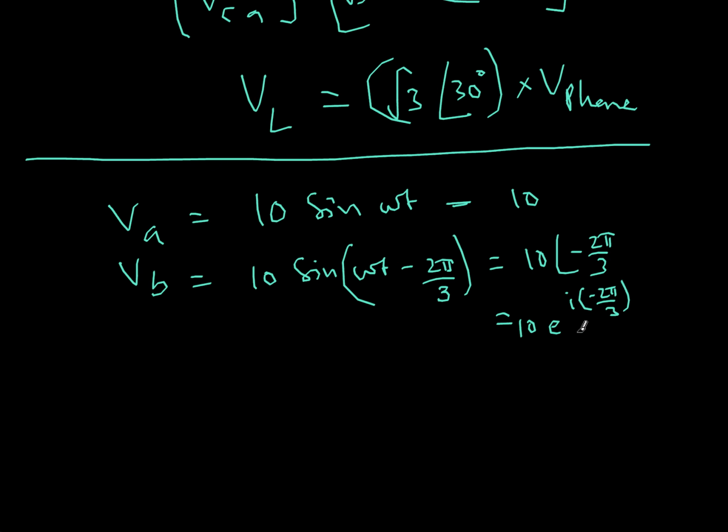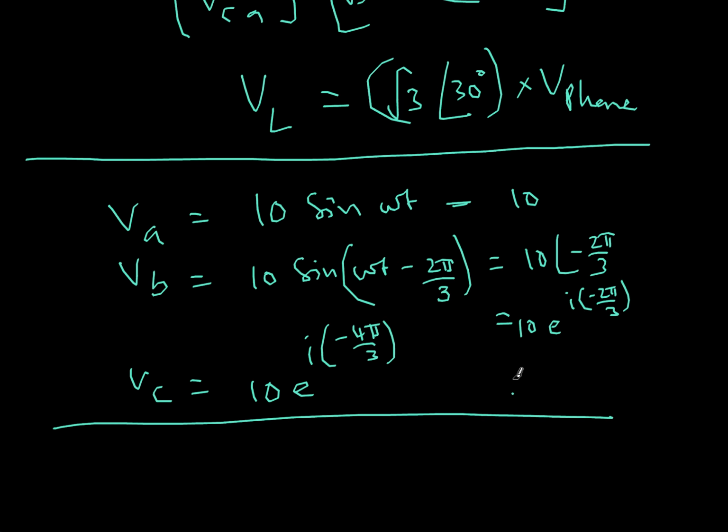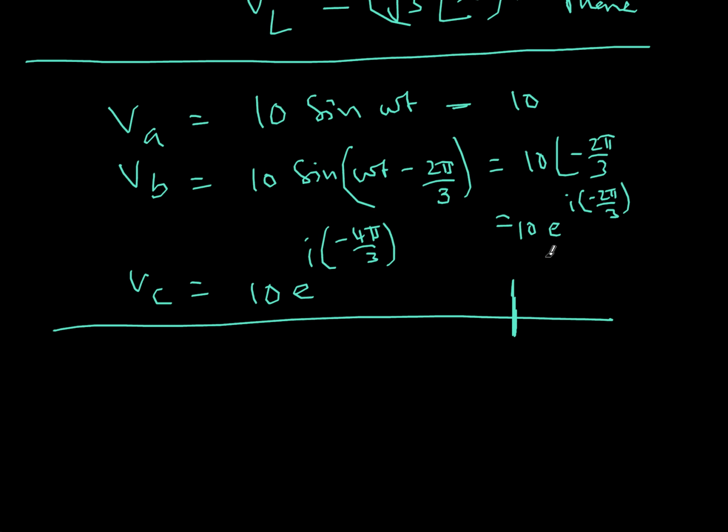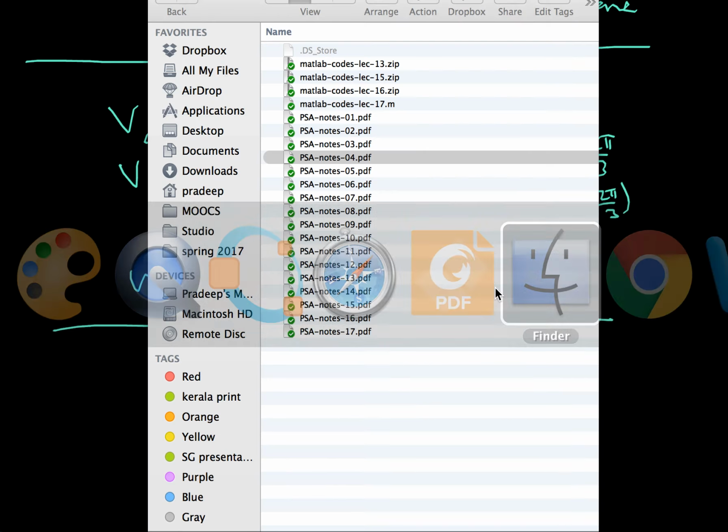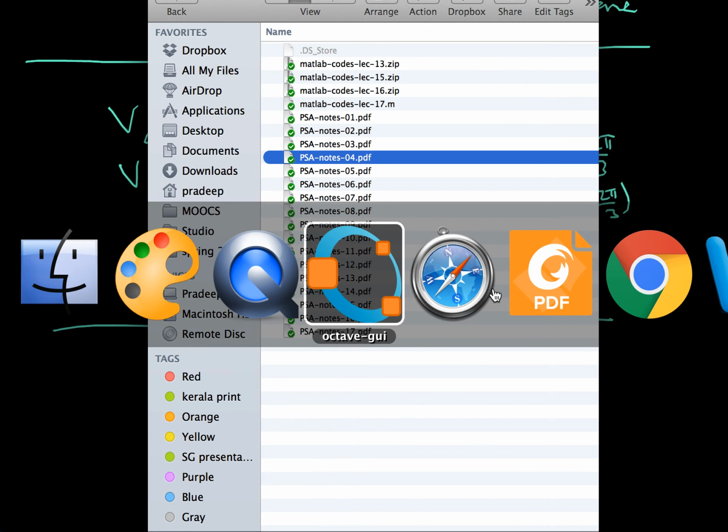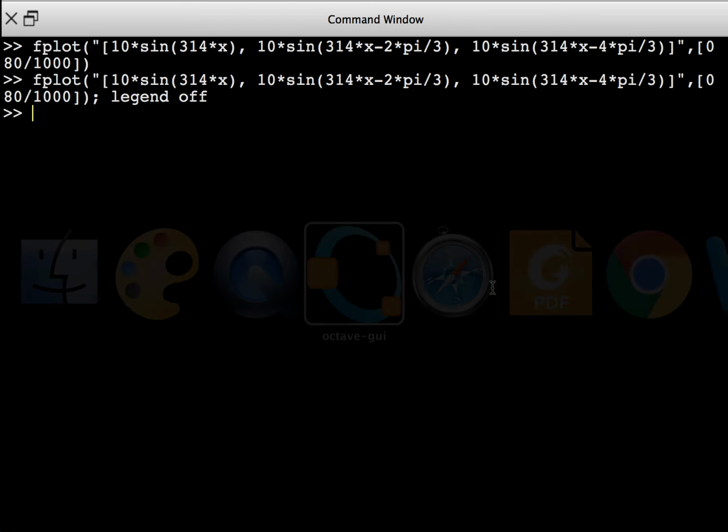So this is the notation we'll use to convert into polar form. Again, you had seen this in the basics of AC videos. Similarly, VC, if I write it, it will be 10 e power i, so minus 4 pi by 3. So let me define VA, VB, VC like this, and then find out the other voltages. So let me switch over to my MATLAB window.